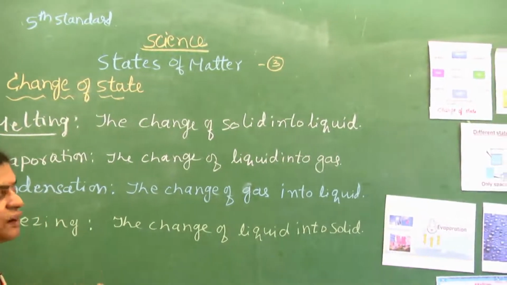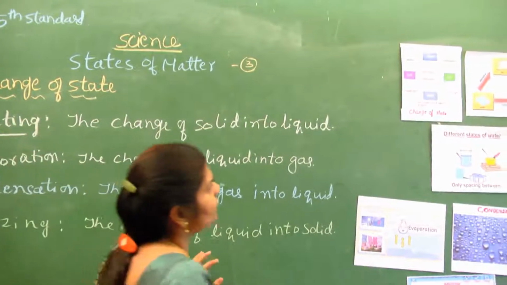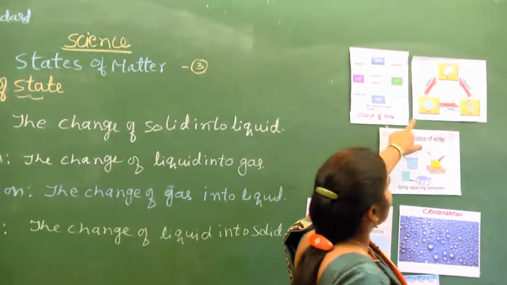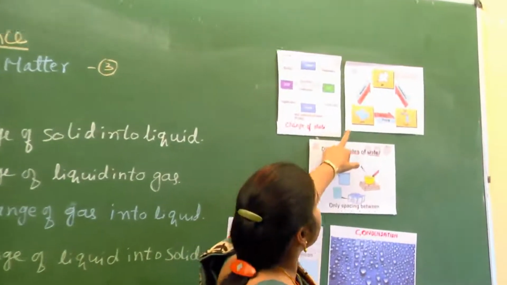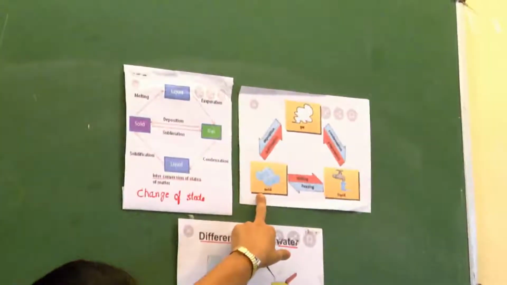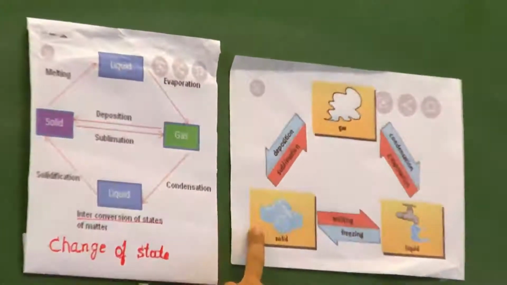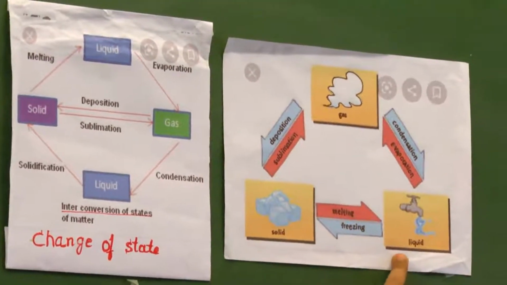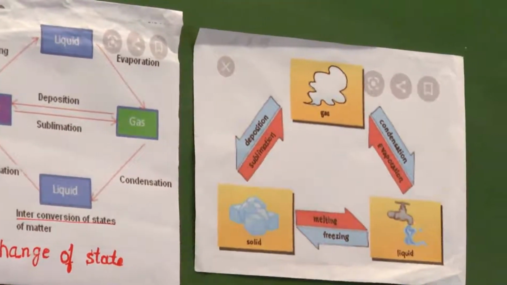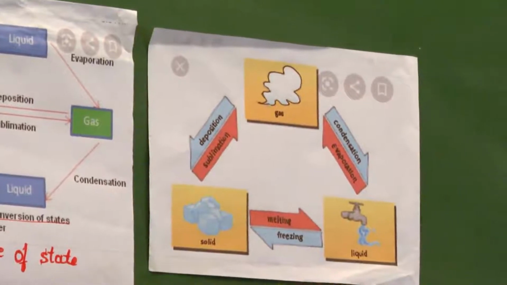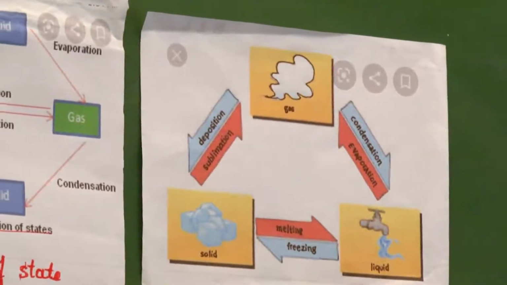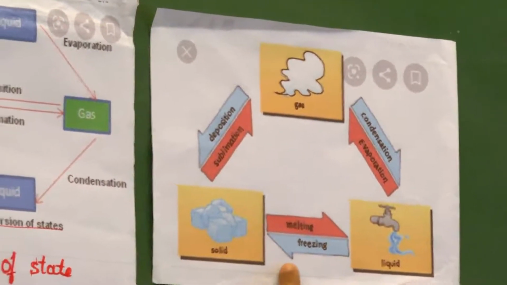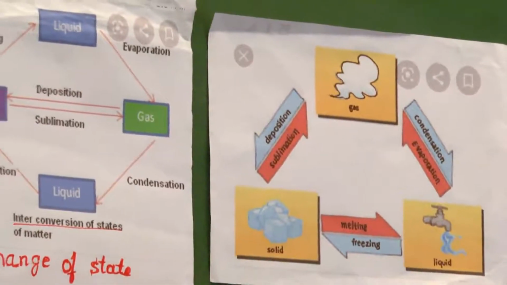So what is the example for melting? When we consider this picture, we see solid ice, the solid substance, and then it is going to melt and get converted into liquid. And the next one, the opposite of that: when the liquid is cooled, it is going to get converted into solid.